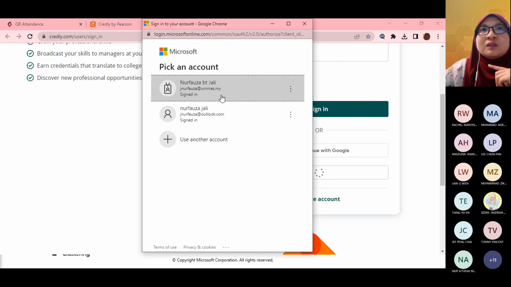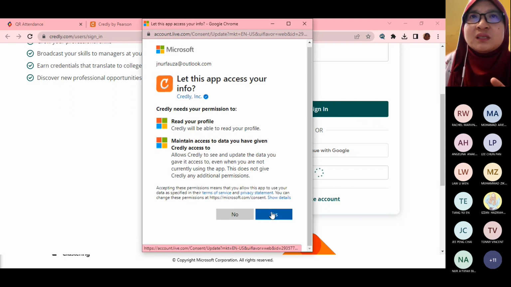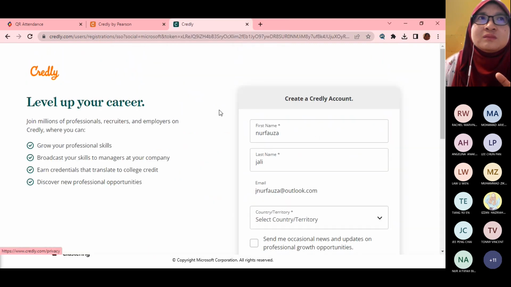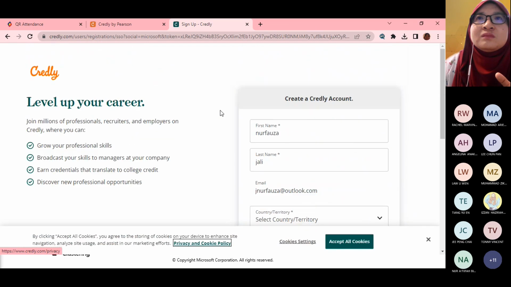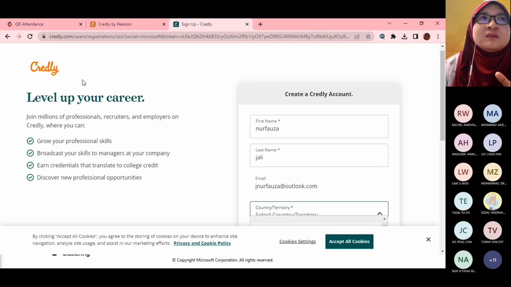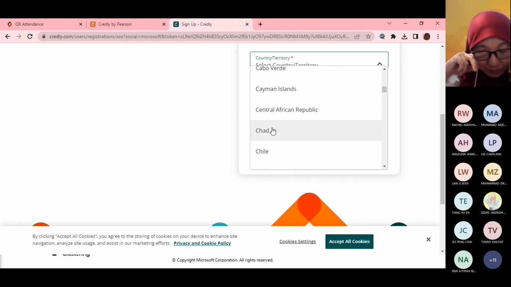So just to be safe, I use my Outlook. But for our case, for my case, I use my Unimas email to register the certification for the AI-900.